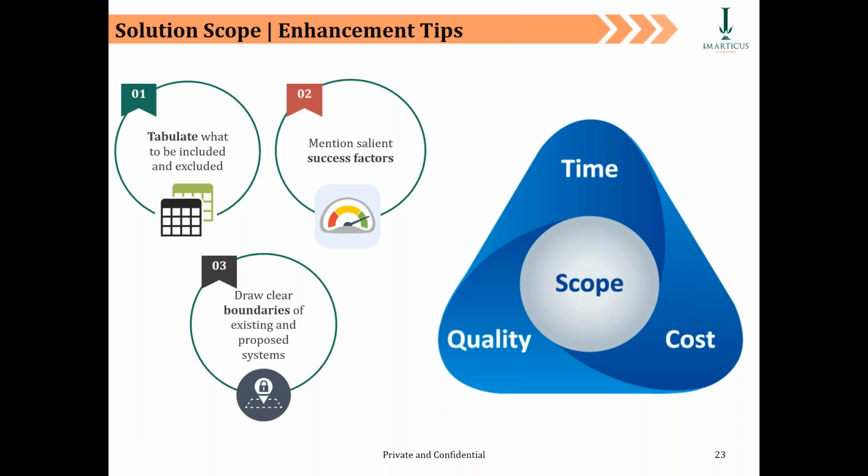Okay, good job. On your left hand side are your solution scope development principles. One, please write down, tabulate what needs to be included, what needs to be excluded. So you're coming back to the same example. Your procurement guy says, hey, we need to automate our current process by developing workflows.